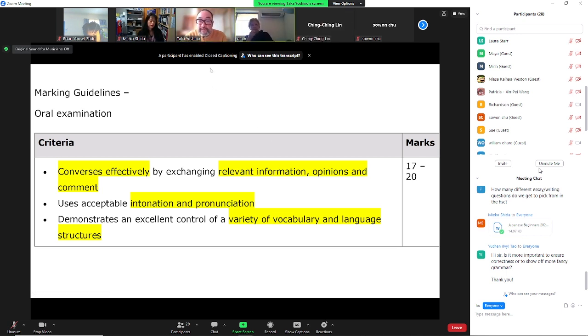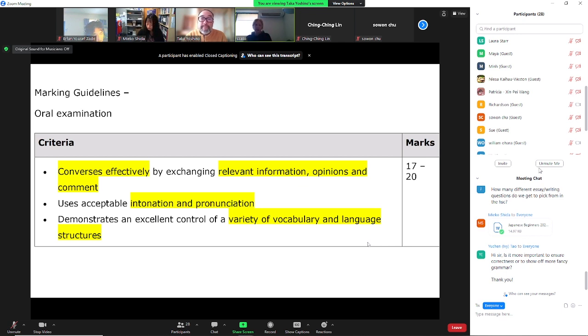As you can see, Sensei, it says acceptable intonation and pronunciation. That was actually different a number of years ago. It had the word correct for the top mark criteria. So the wording has changed, hence why the pronunciation is not quite as strict. So it's now acceptable intonation and pronunciation, because it's not correct.